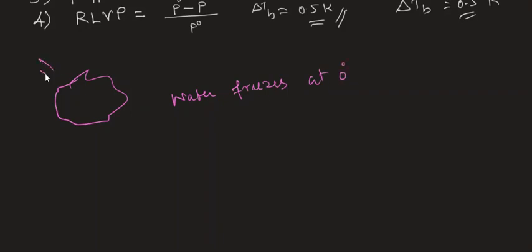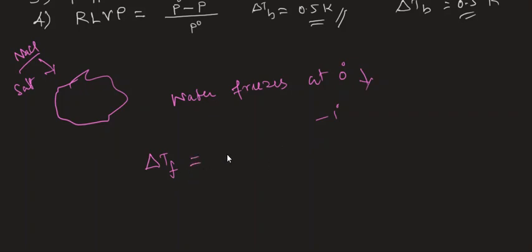Now, when you add some salt, what happens? This further decreases to minus 1 degree or minus 3 degrees, like that. So there is a drop in the freezing point. This is indicated as delta TF, the depression of freezing point.